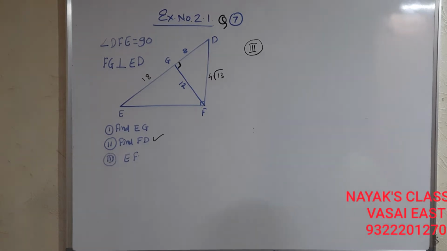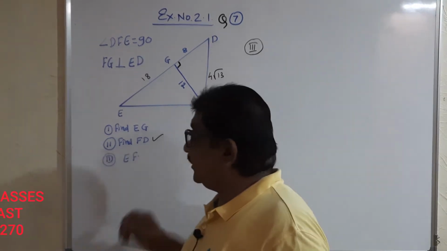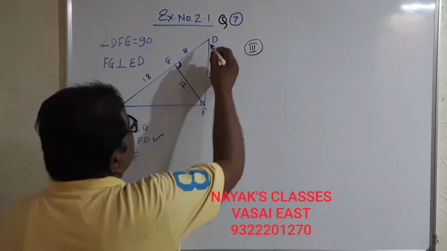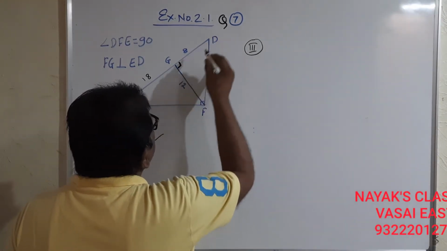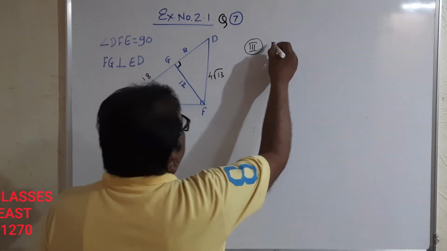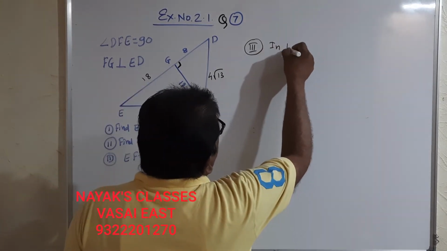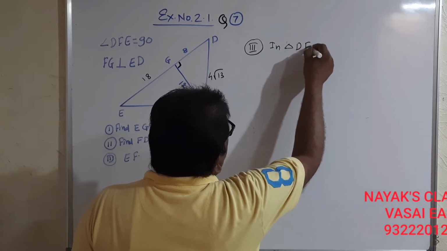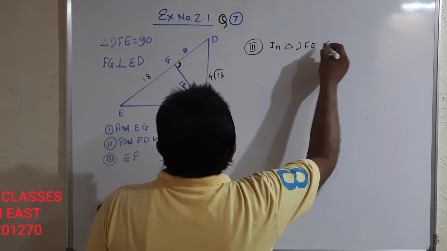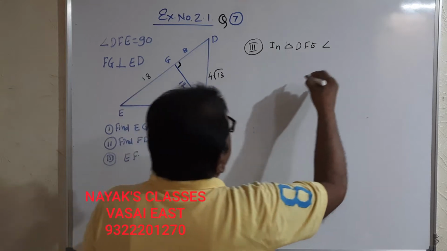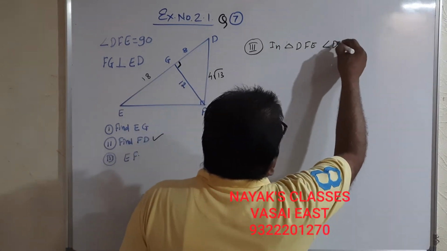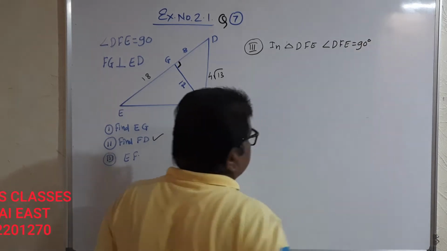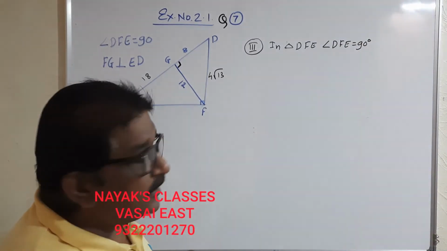In the third part, we have to find the length of EF. For that purpose, we have to consider triangle DFE. In triangle DFE, angle DFE is equal to 90 degrees.